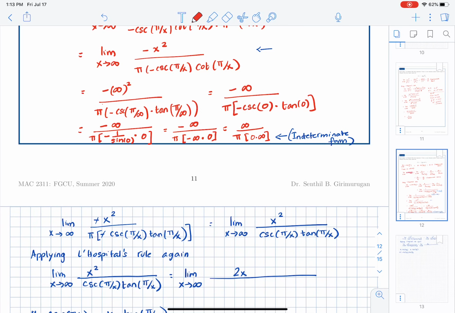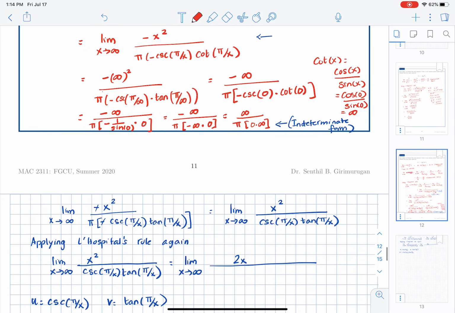So negative cosecant pi over infinity would result in negative cosecant 0. That is cotangent, so cotangent 0. Cotangent x is cosine x over sine x, which should be cosine 0 over sine 0. 1 over 0, that would be infinity.